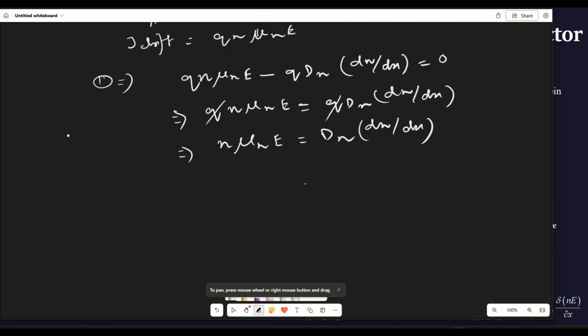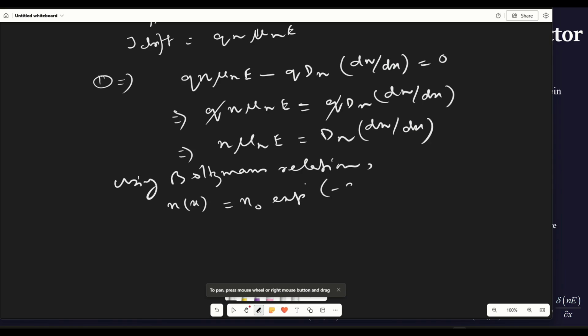So moving forward, using the Boltzmann relation, we have n(x) equals n_0 e to the power minus q by kT phi(x).